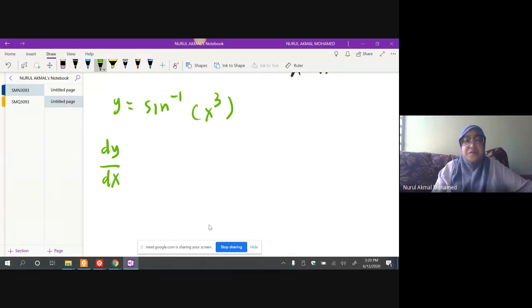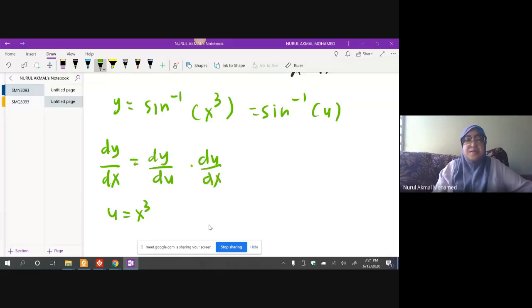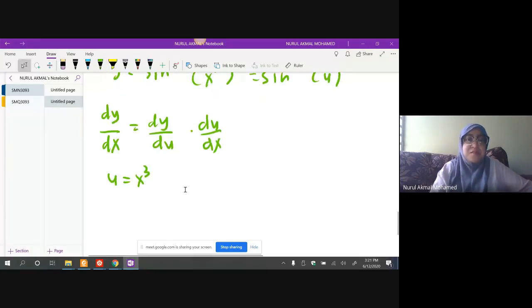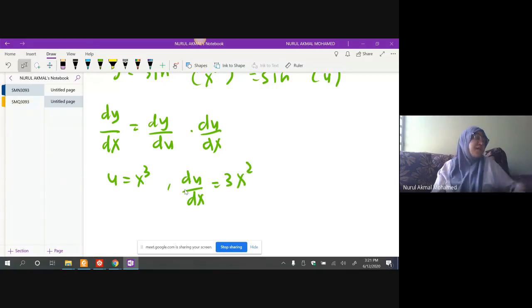So by using chain rule, you can denote u as x cubed. So y is equal to arc sine of u. The dy dx is equal to dy du multiplied by du dx. So your du dx is equal to 3x squared.